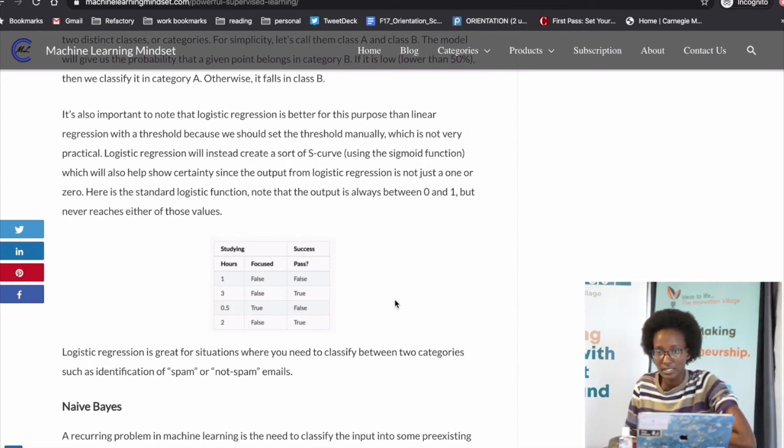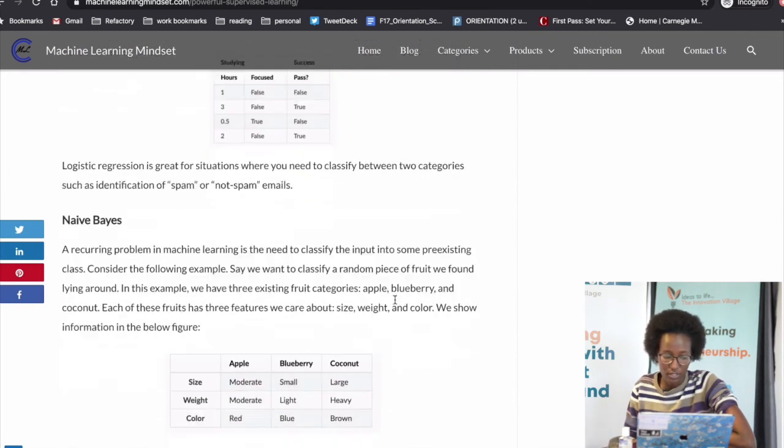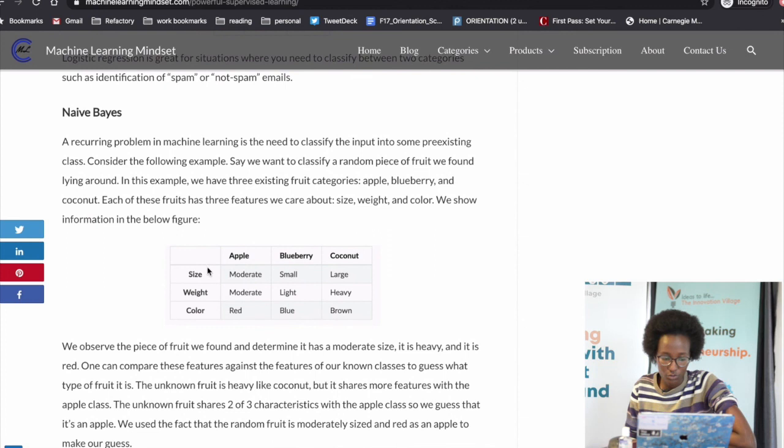Does it belong in this class or this class? Just a binary classification. Now we've seen another kind of classification where we have some random data point and we don't know what it is, but we want to classify it based on known classes.